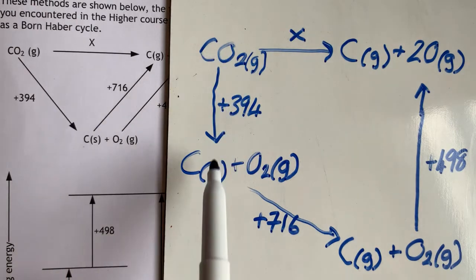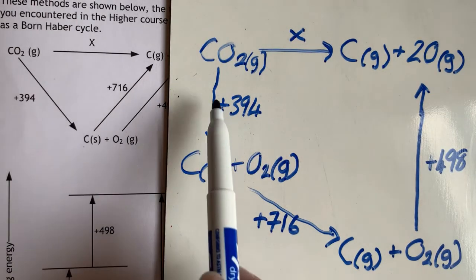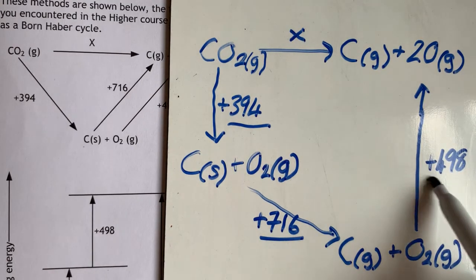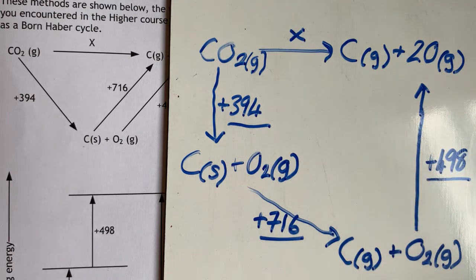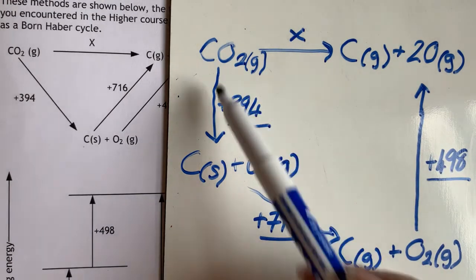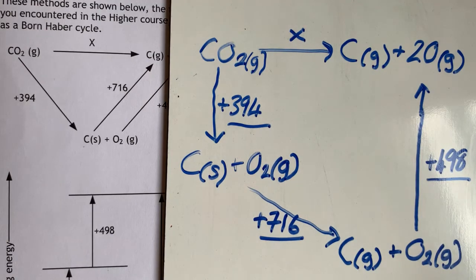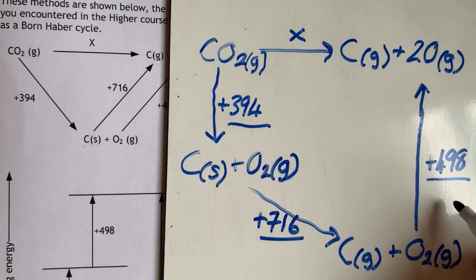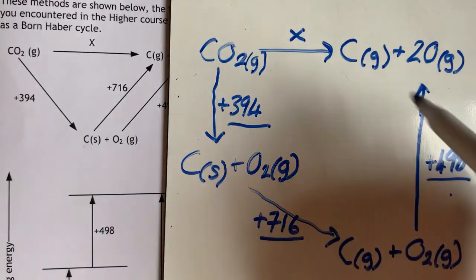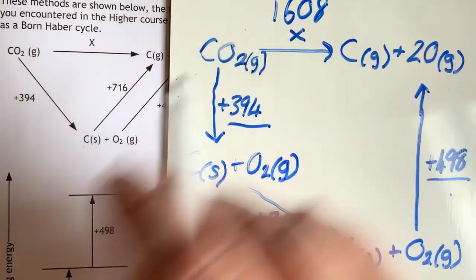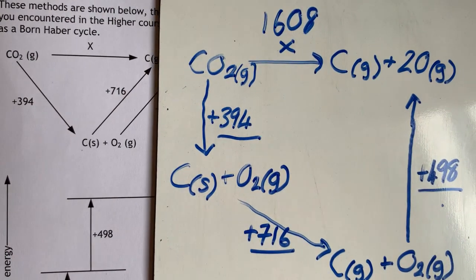We can just move our way around this way. So we would have plus 394, plus 716, plus 498. All the arrows are going the correct way for us, so we can simply add them all together and you end up with a total enthalpy for this of 1608 kilojoules per mole.